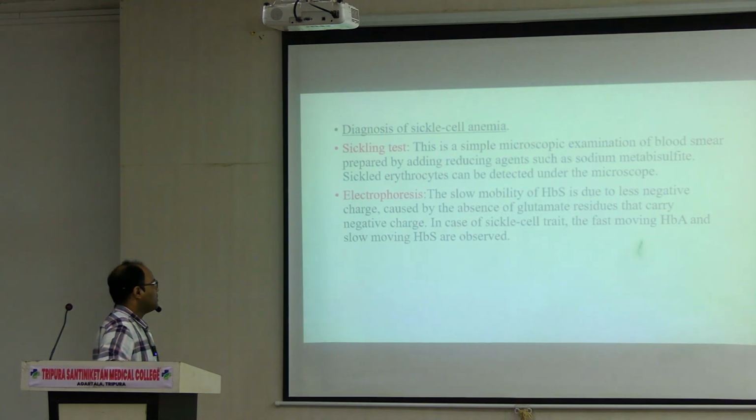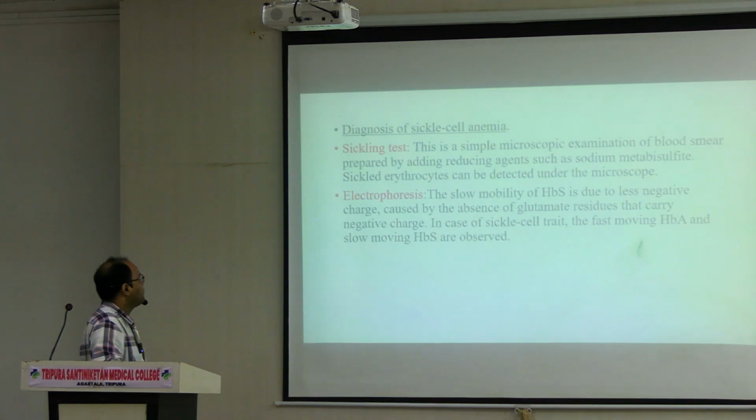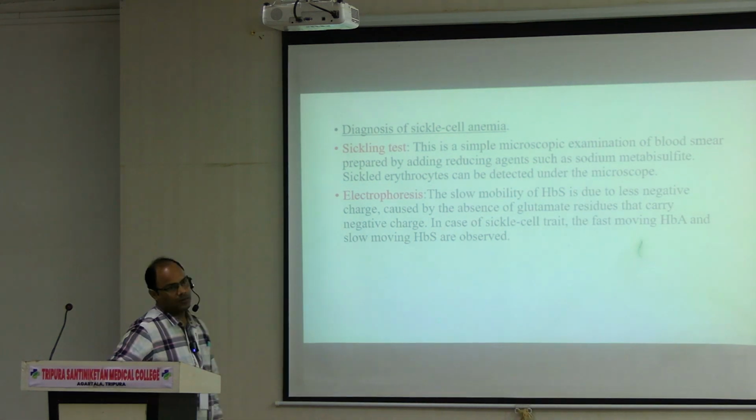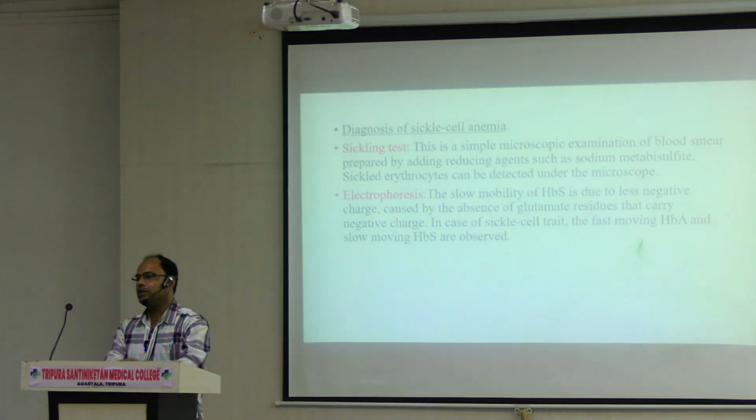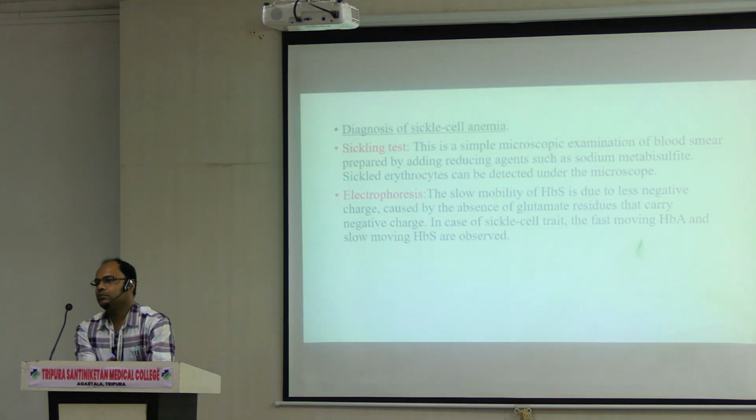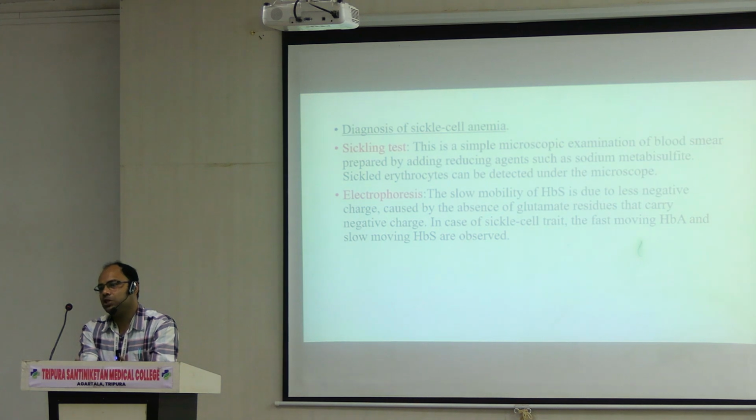In electrophoresis, the slow mobility of HbS is due to less negative charge caused by the absence of glutamate residue, which carries a negative charge. In case of sickle cell trait, both fast moving HbA and slow moving HbS are observed. Treatment: this is a genetic disease, so there is no cure, just symptomatic treatment and blood transfusion. Okay.